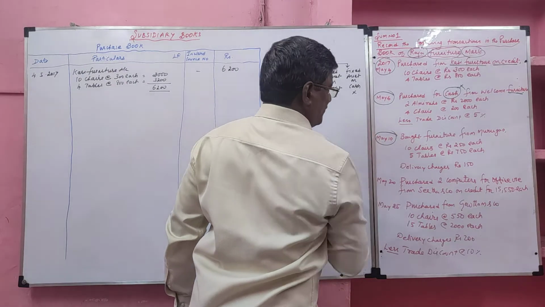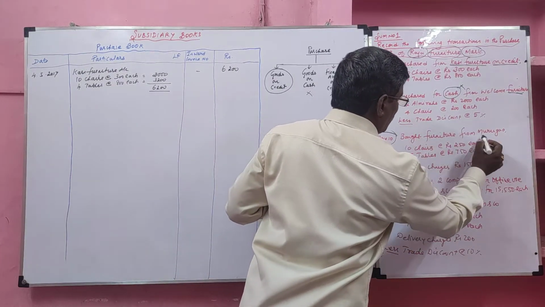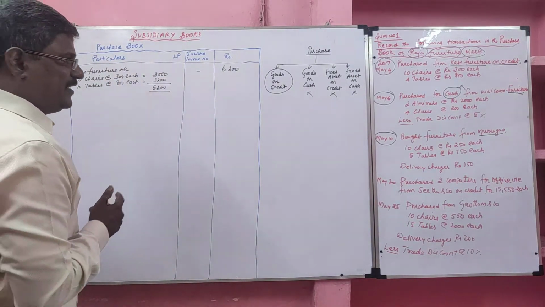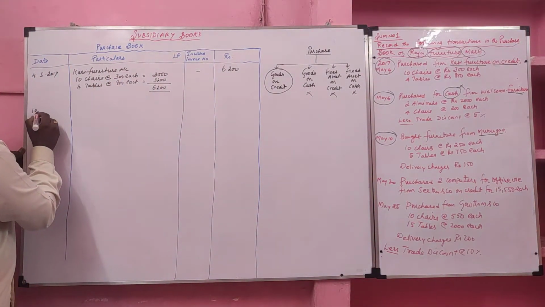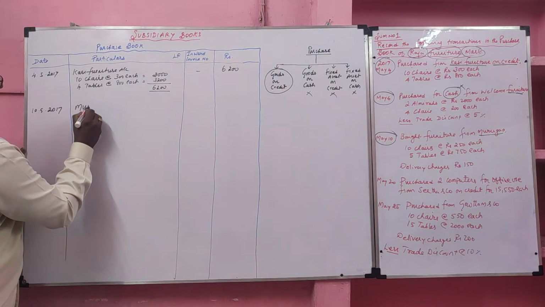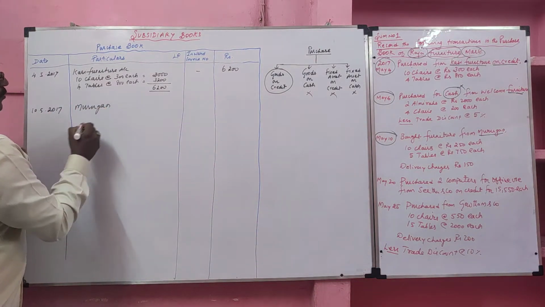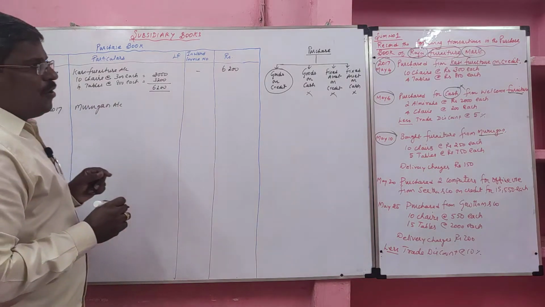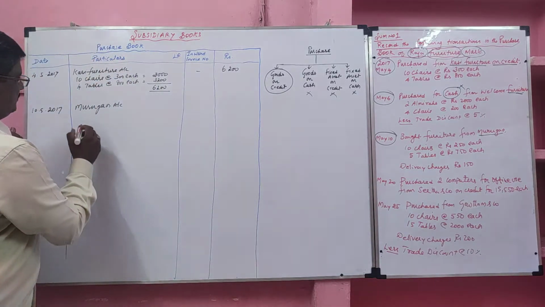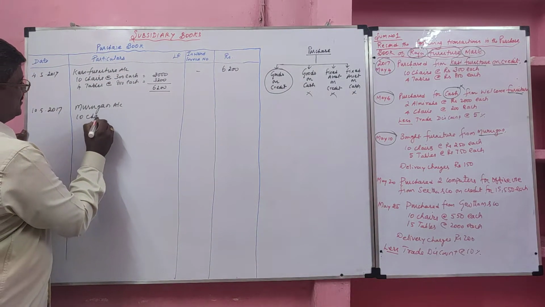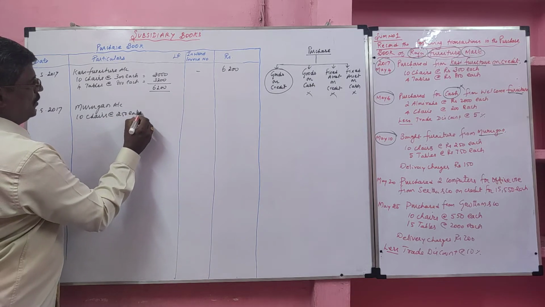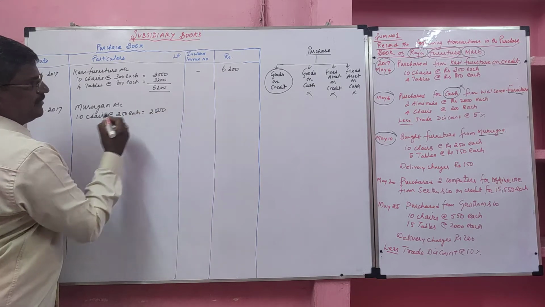On May 10th, bought furniture from Murugan. Definitely it will come because it is a credit transaction. So 10th May 2017, bought from Murugan account. What they bought? 10 chairs at 250 each, total 2500.